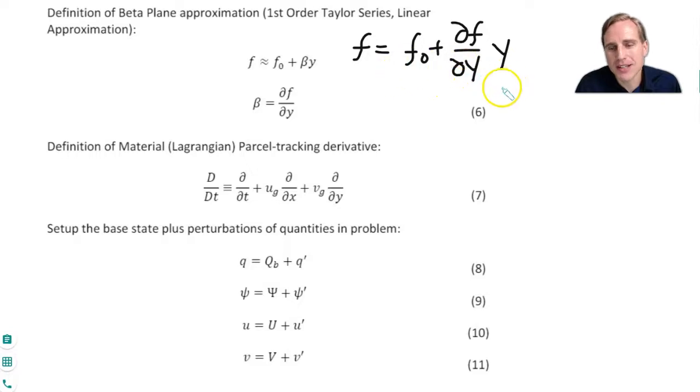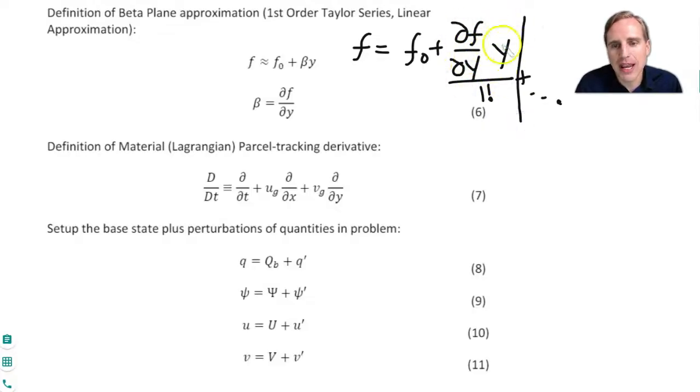Of course in the Taylor series you'd also divide by 1 factorial, but 1 factorial is just 1, and then we would have higher order terms. If we don't go out to the higher order terms, to second order derivative, 2 factorial, and so on, we're just going to truncate at the linear term.